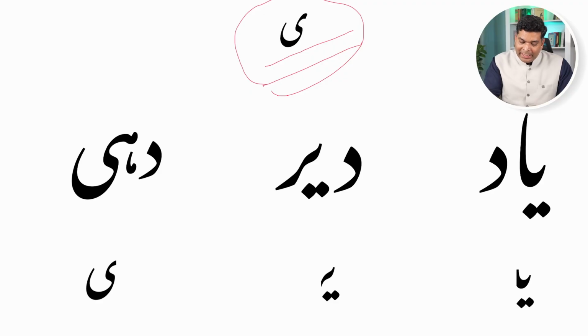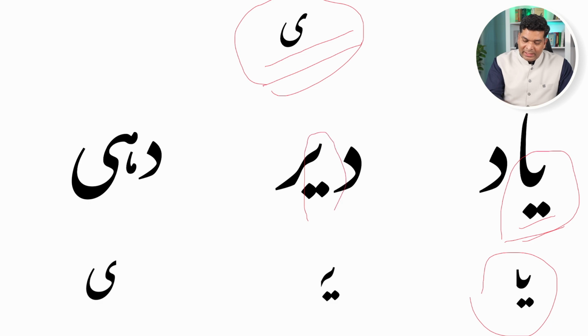But when it appears in the beginning and in the middle, then it appears with two noktas below. This is the shape that you see here. This is choti ye. Similarly, if it appears in the middle, the word here is der. It appears with two noktas in the middle. So this is the way to identify that it is choti ye.